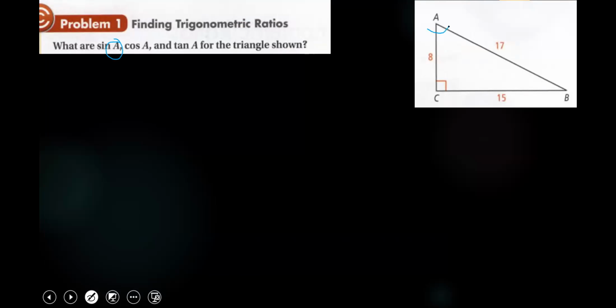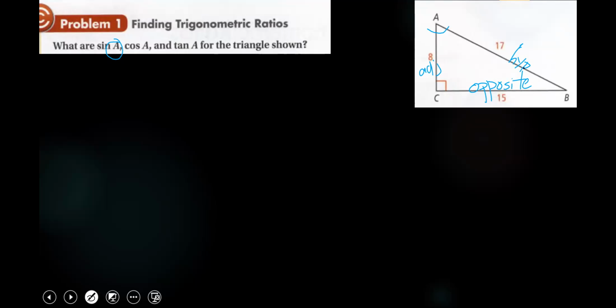Here is angle A. So what is the opposite? Is it 15 or 8? 15. Bravo. This is the opposite. And where is the adjacent? 8. And where is the hypotenuse? 17. So we know now where the hypotenuse is, and where the opposite and the adjacent are.